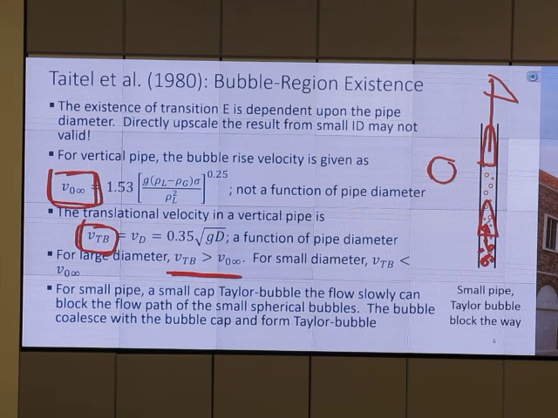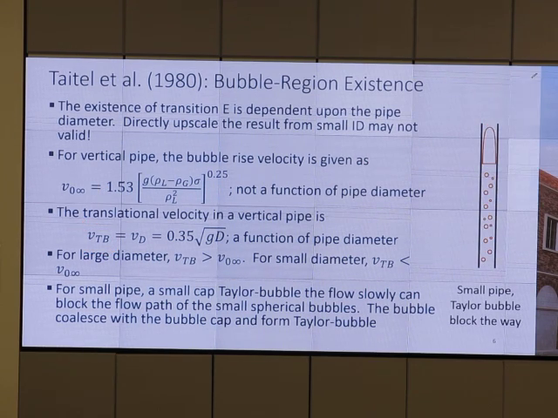Okay, so Taylor et al. model this as: when VTB is greater than V0 infinity, we can have transition E. If VTB is less, we don't have transition E. For a small pipe, a small Taylor bubble can slowly block the flow path.